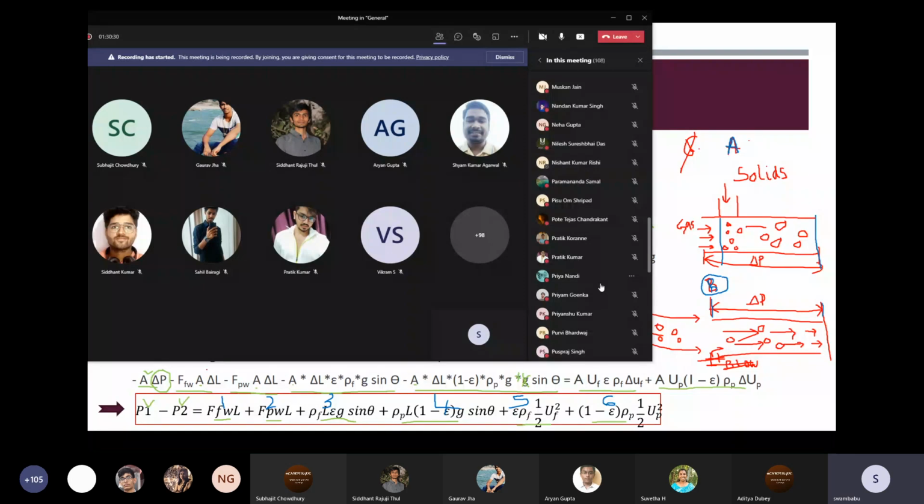Pradeep Kumar, are you there? 108. So those who are leaving now, I will have to cut their marks, because as soon as I ask questions, somebody leaves. This is not a network problem. Okay, Neha Gupta. Pradeep Kumar is absent. Neha Gupta.